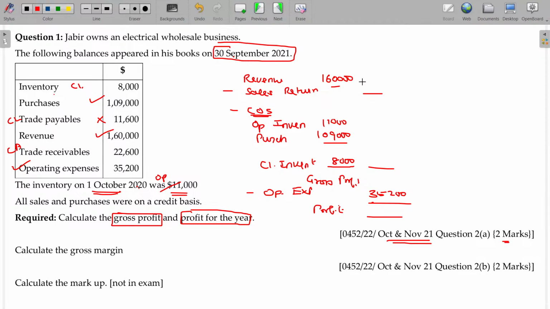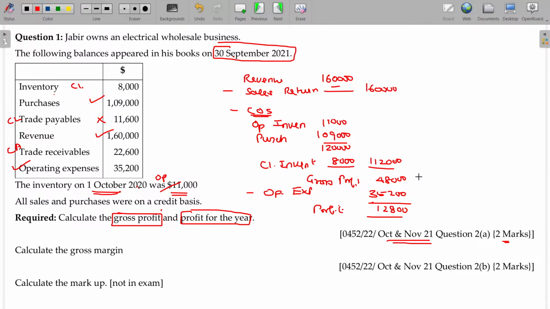We don't have sales returns, only 1,60,000 being the value we have. And 11,000 plus 1,09,000 is 1,20,000. From there 8,000 is subtracted, 1,12,000. From 160, 112 is subtracted to get the gross profit, 48,000. Operating expenses 35,200 will be subtracted, so the ultimate profit is 12,800.